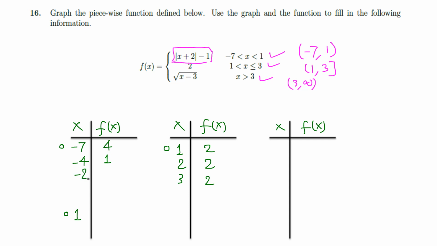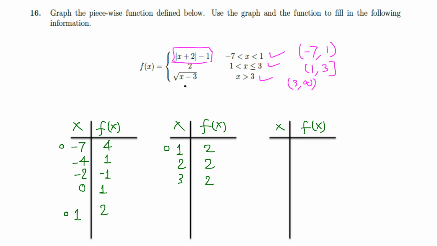At -2: -2 plus 2 is 0, minus 1 is -1. In fact, you can take more values. At 0: 0 plus 2 is 2, absolute value 2, minus 1 is 1. For 1, which is not in the domain, but let's do it anyways: 1 plus 2 is 3, minus 1 is 2.